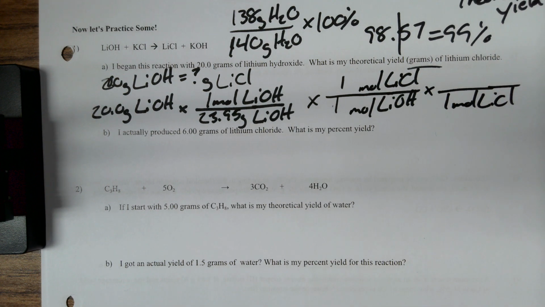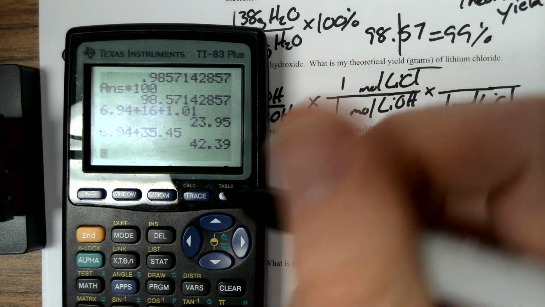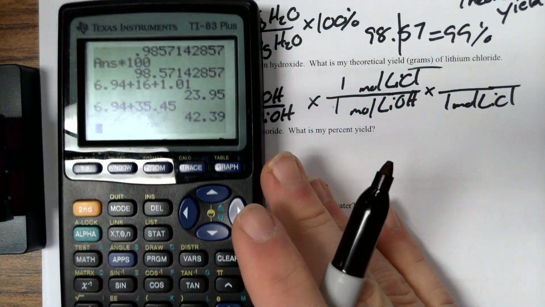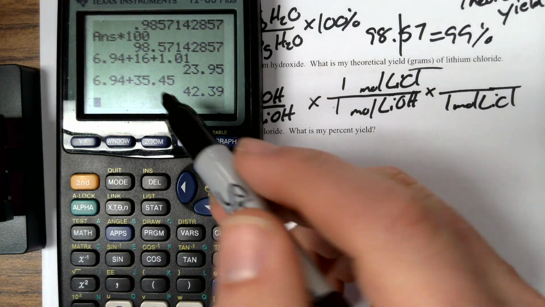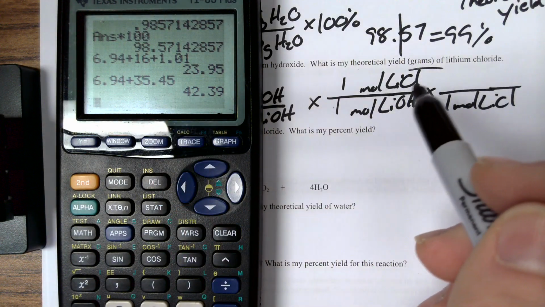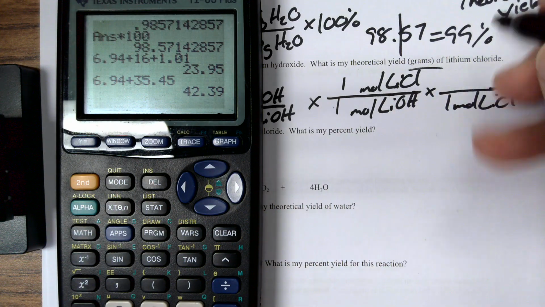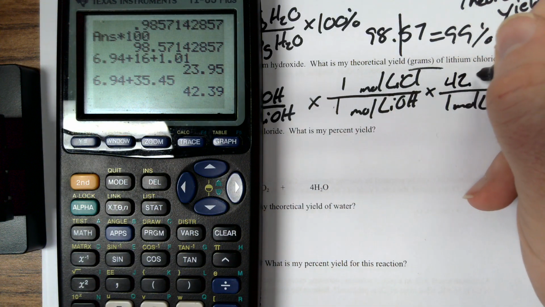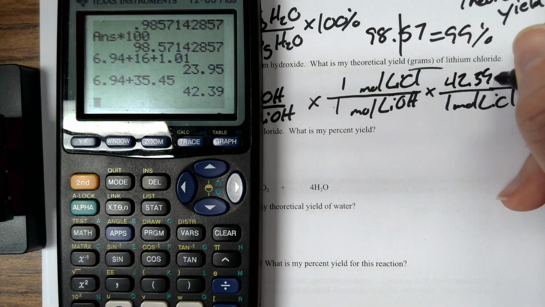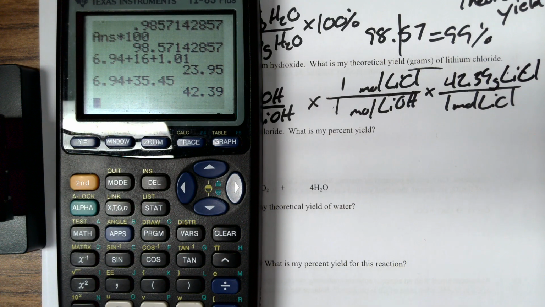Could someone tell me what the molar mass of lithium chloride is? 6.94 for lithium, plus 1 chlorine, 35.45, gives me 42.39 grams lithium chloride.